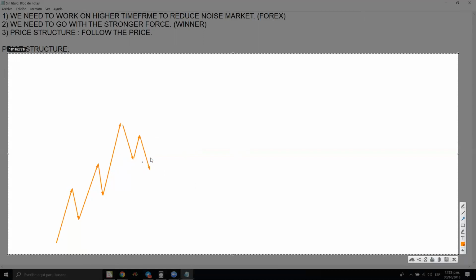And he began a different one. This is not higher. He failed, you know that, and he begins to make low, lower. So at this point, the market could try to change the direction, but it's not confirmed, not yet.